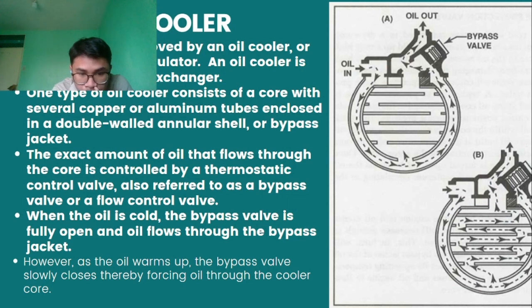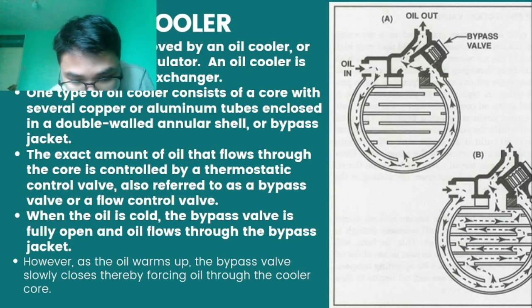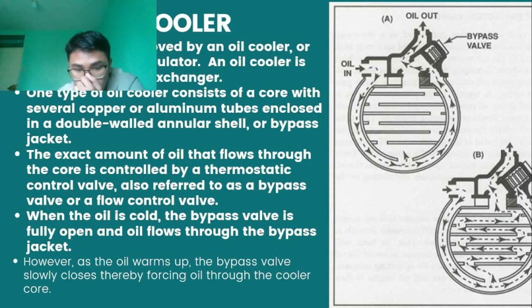So, the oil cooler works by using a heat exchange process to transfer heat away from the oil. The oil flows through a series of tubes. So, ito yung series of tubes or fins that are exposed to a flow of cooler air, often provided by an air scoop or fan. As the oil flows through the tubes or fins, the heat transferred to the air reduces the temperature of the oil.